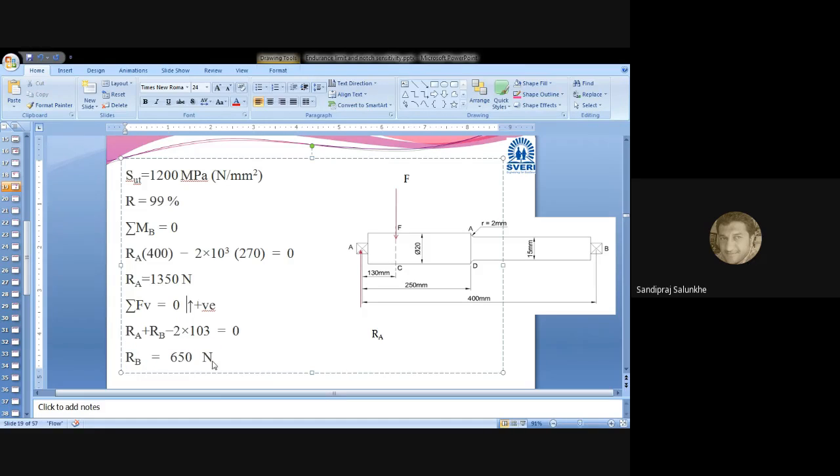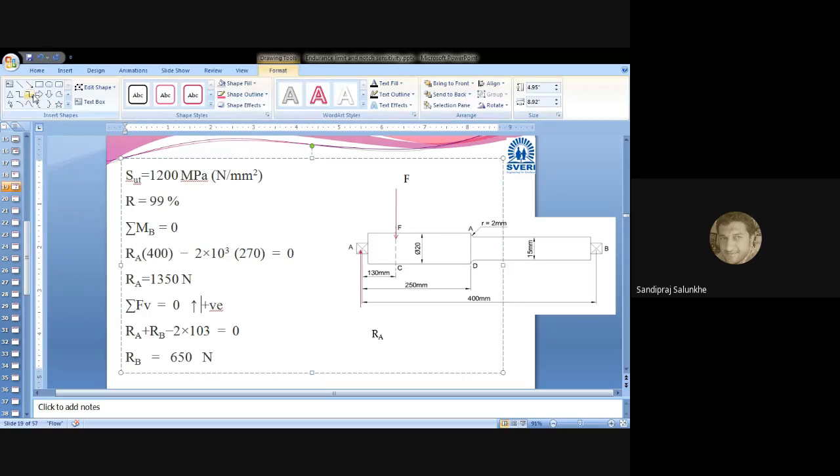The vertical forces we are going to consider as positive. The vertical force acting at point A is in upward direction. The vertical force we are going to consider as the reaction at point B is again in upward direction.